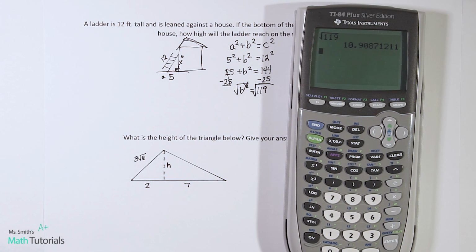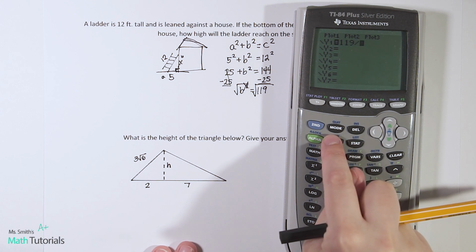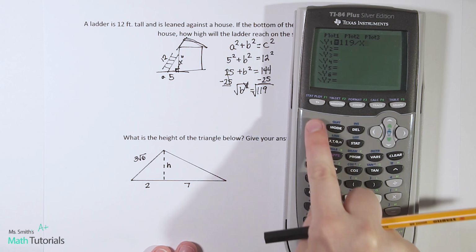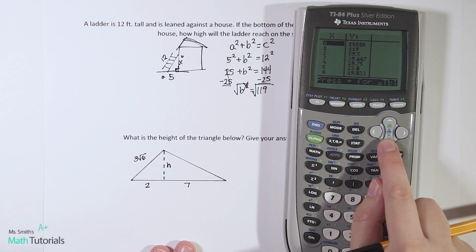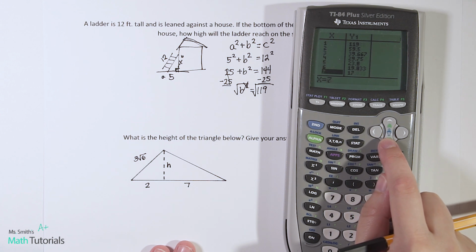Off the top of my head, I don't know anything that goes into 119. So let me come here to my y equals, and I'm going to use that calculator trick we've used throughout my videos. 119 divided by x. When I go to my second graph, this is my table, and it's going to pull up everything that goes into 119.